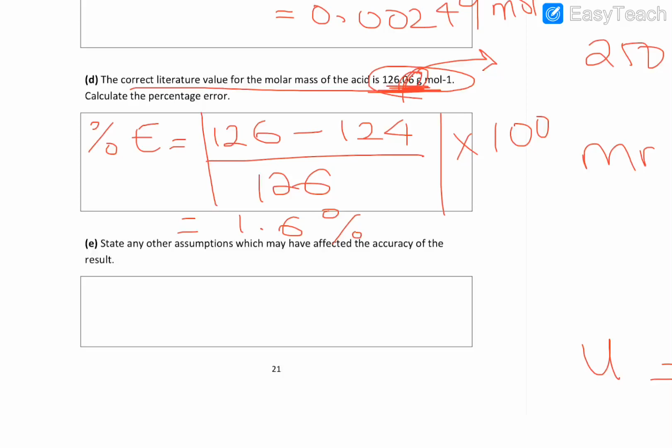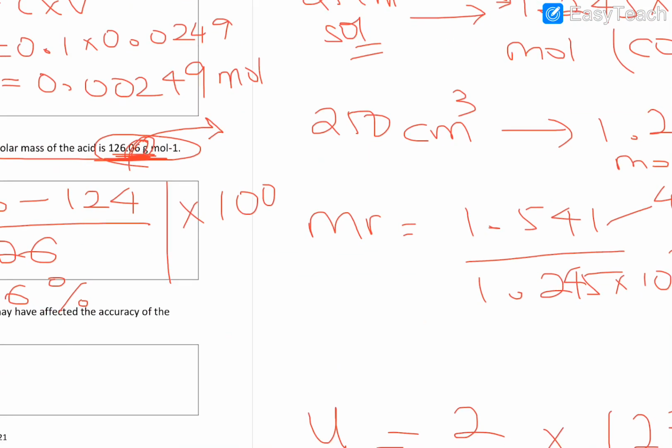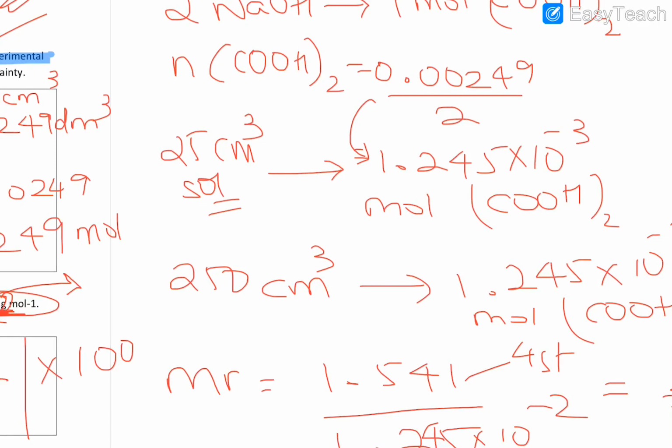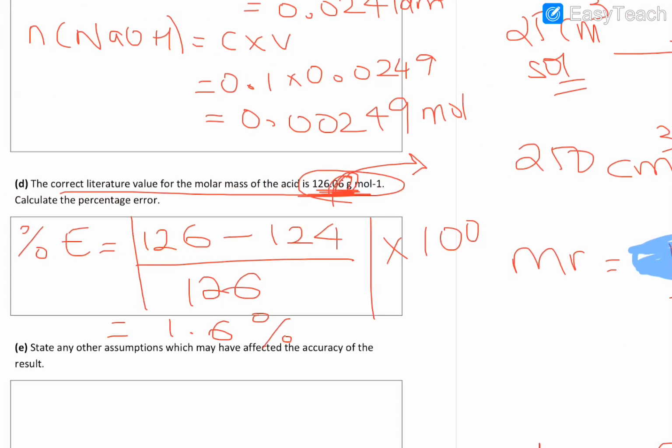State another assumption which may have affected the accuracy of the result. Now, here I'm assuming that the mass of oxalic acid that I've used, this whole mass here, is oxalic acid. So I'm assuming that the oxalic acid is pure.